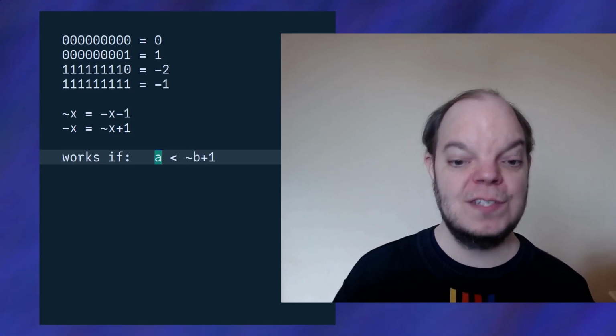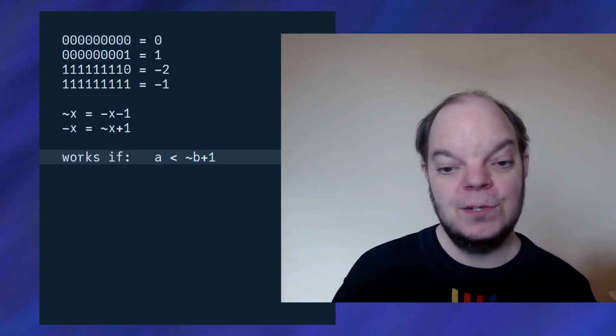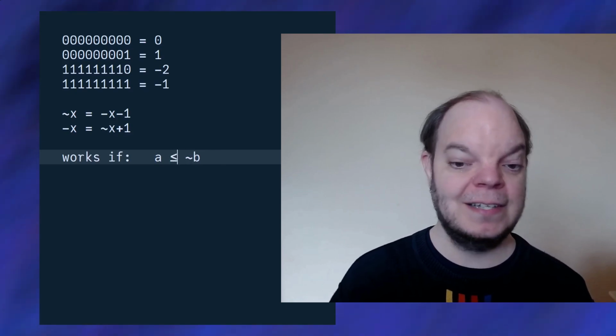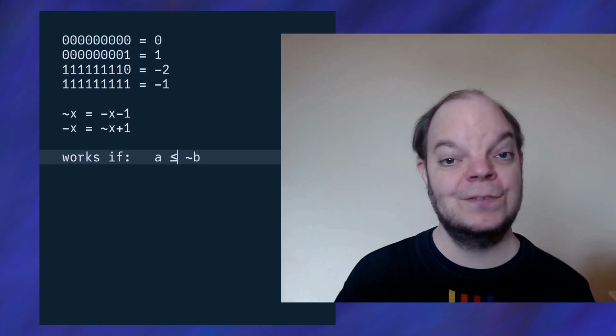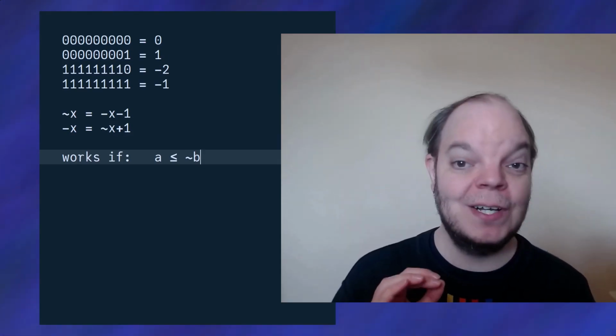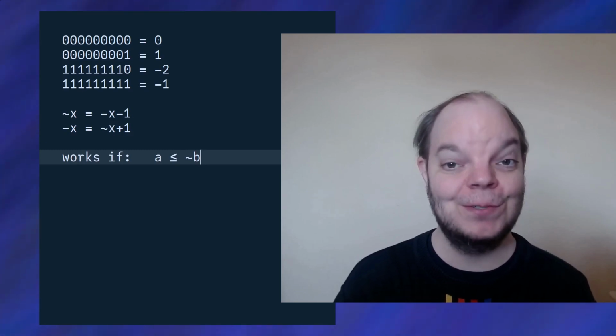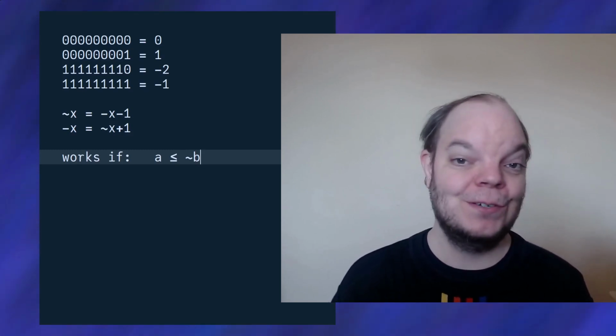But now we have something less than something plus 1, and we're always dealing with integers, so that is actually the same as saying less than or equal to. So the addition function works if a is less than or equal to not b. Perfect! We know how to do bitwise not and how to do less than or equal to, so we can now easily check whether the addition function is going to work or not.